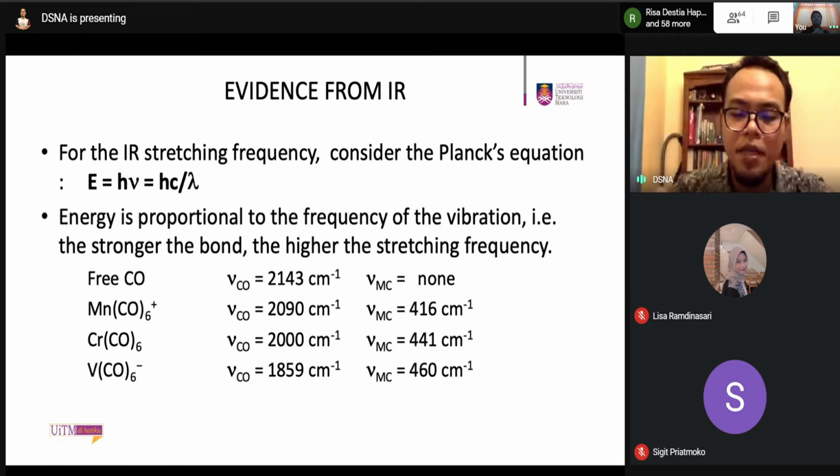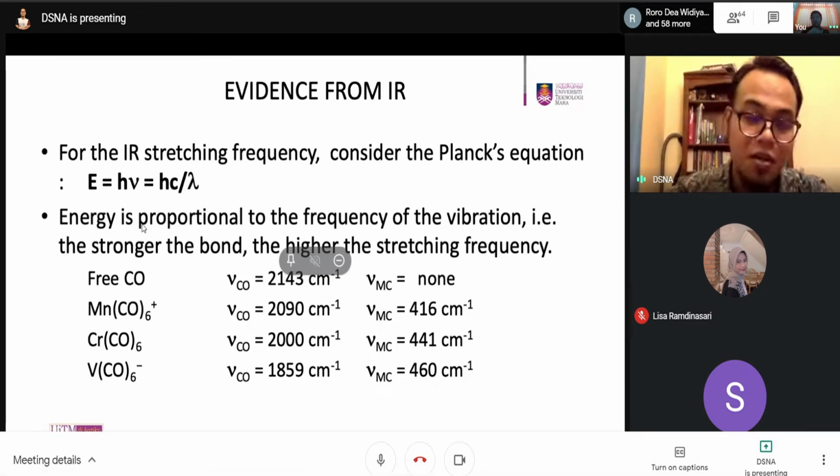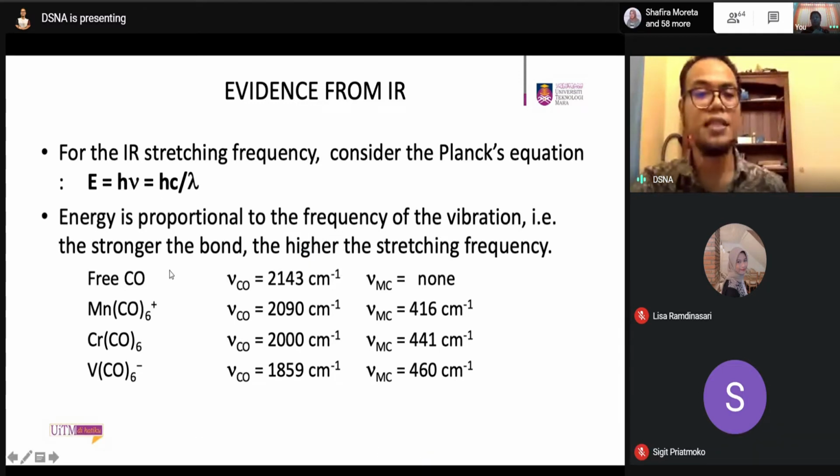The important part of this is that we can actually interpret the strength of the bond of our organometallic compounds based on their frequencies. So let us focus on these four compounds.